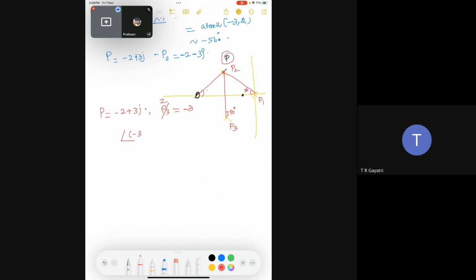Minus 3 minus P equals the angle of minus 3 minus 2 plus 3j, which is minus 1 minus 3j. If I calculate atan2 of minus 3 comma minus 1, what will I get?